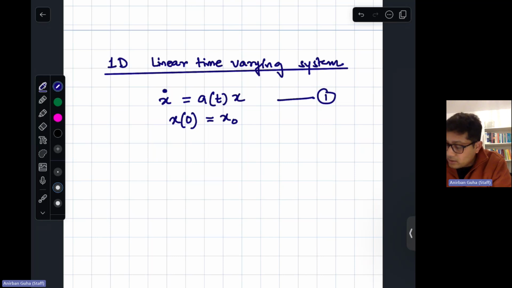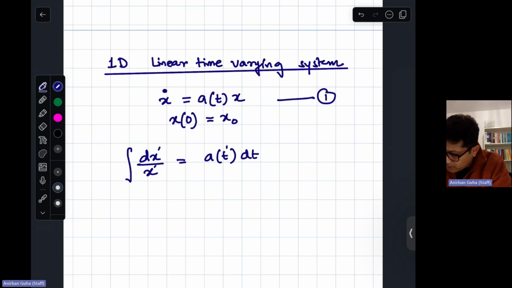So yes, we can solve this system. I'm just trying to show the integration here. It's dx by x is basically a(t) dt, right? And you integrate. I'll just use a dummy variable here. You integrate from x0 to x, and time being integrated from 0 to t.